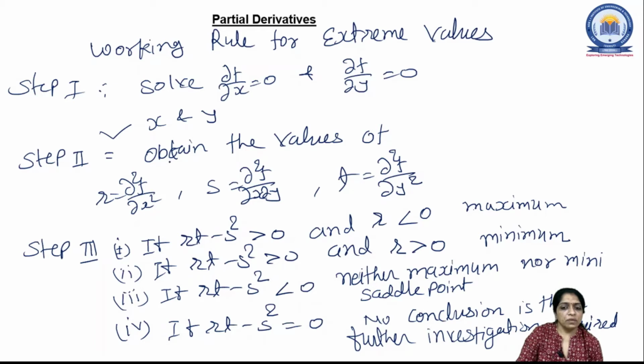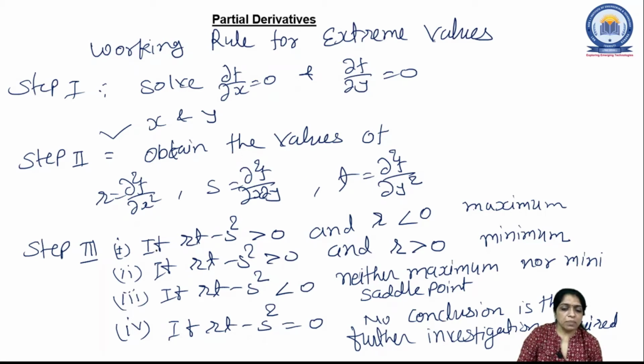Then we have to obtain the values of r, s and t, where r is the second derivative of f with respect to x, s is the first derivative with respect to y and the second with respect to x, or the first derivative with respect to x and the second derivative with respect to y. And for t, we take the second derivative of f with respect to y.